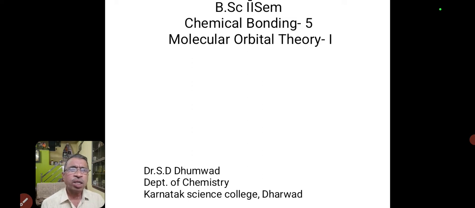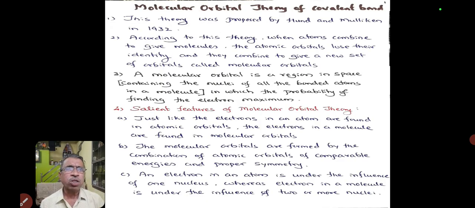Earlier to this, one more theory was introduced, called the VSEPR theory, which suggests the structures of various covalently bonded molecules. Today, we study another theory called the molecular orbital theory of covalent bond.